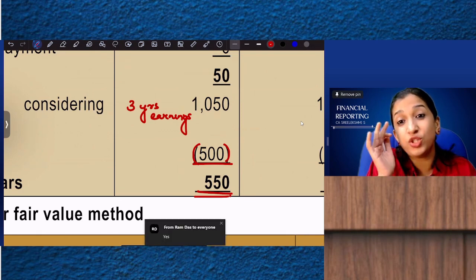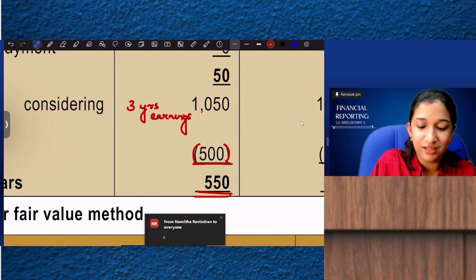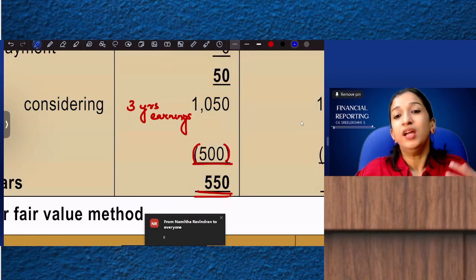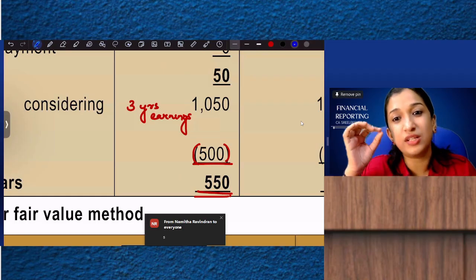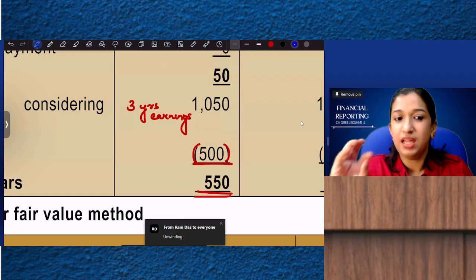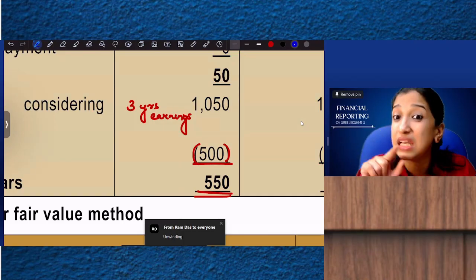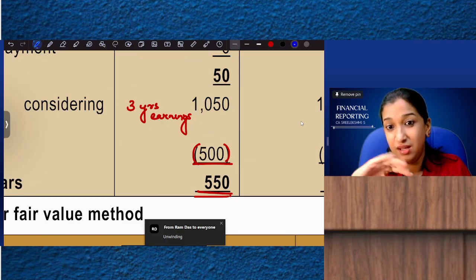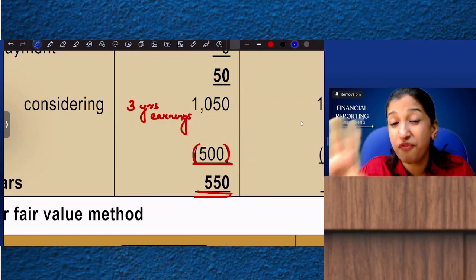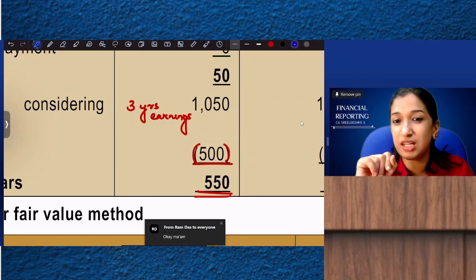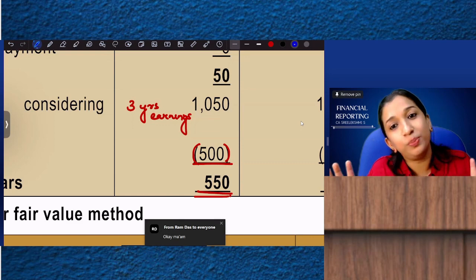If it was contingent consideration, have you studied anything related to contingent consideration? If contingent consideration is treated as liability, there is no unwinding. Unwinding is for deferred consideration. For contingent consideration, at every reporting date you should determine the fair value and take gain or loss to P&L.